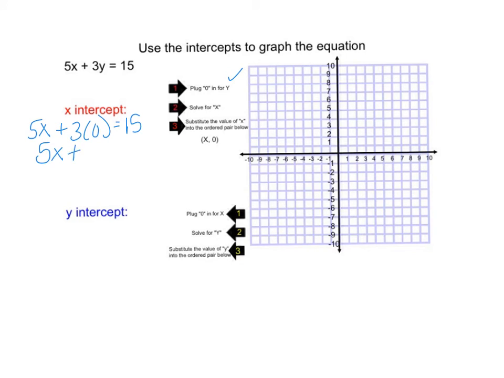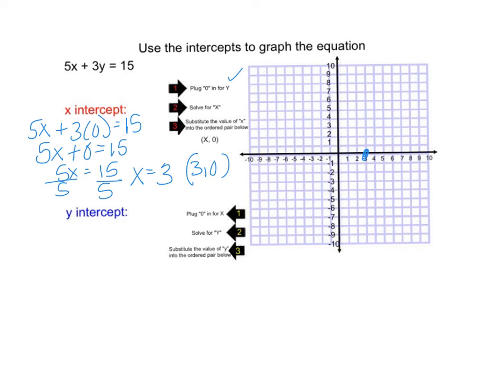So 5x plus 0 equals 15. We don't need that plus 0, right? So that's just 5x equals 15. Let's divide by 5 on both sides. And we get an answer that says x equals 3. So my x-intercept can be written as (3, 0). Let's go ahead and graph that at (3, 0).